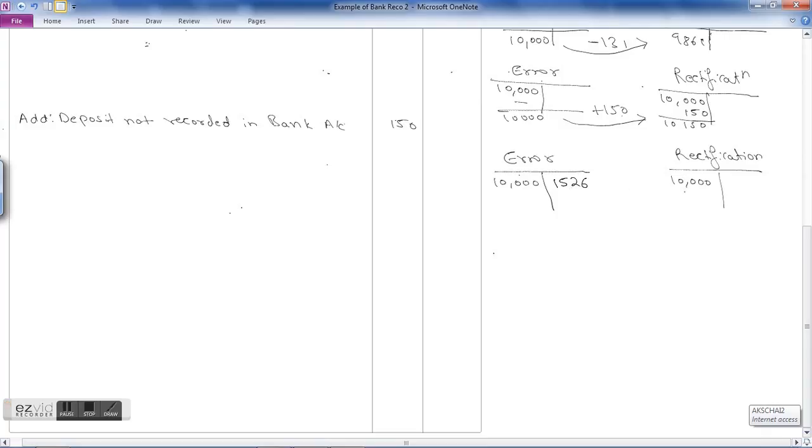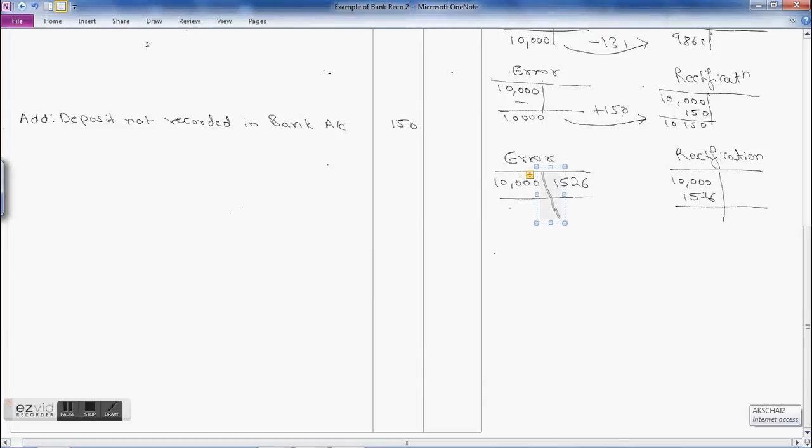Correct. Now what is the rectification? What should be the correct entry? Actually the correct entry should have been carried forward as a debit balance of 1526. So what is the impact? Now 10,000 minus 1526 comes to 8474.